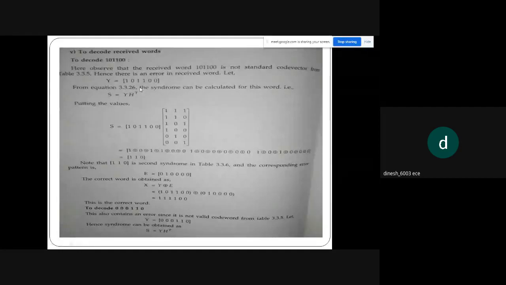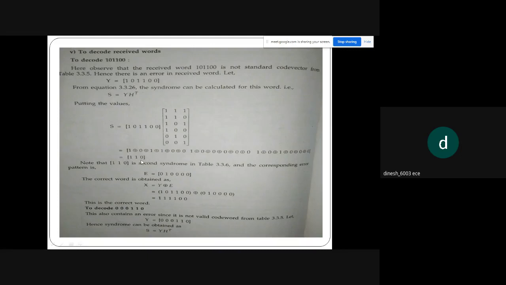Here at the top it is written that 101100 is not a standard code word because there is an error in it. How do we find that there is an error? By computing y H transpose. If y H transpose is always 0, then we will not get any errors.